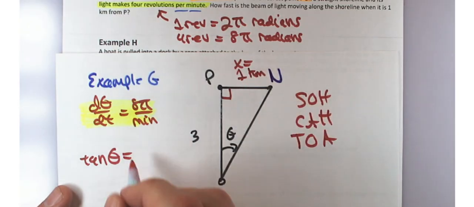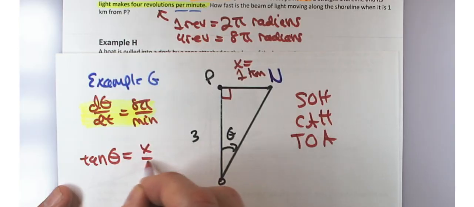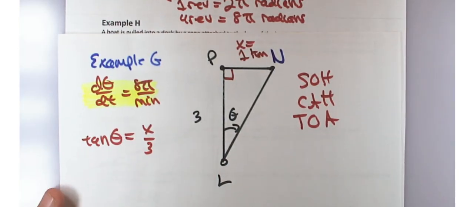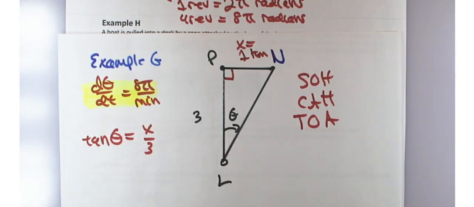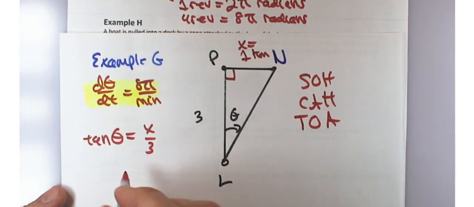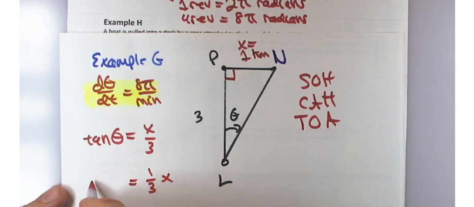The adjacent side would be 3. x over 3, like that. Now it's up to you where you want to keep the 3. You could write it as 1/3 x. You could move the 3 to the other side. Doesn't really matter so much. I'm going to move it out in front. 1/3 x. Tangent of theta.